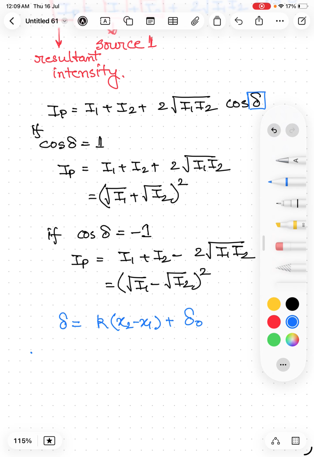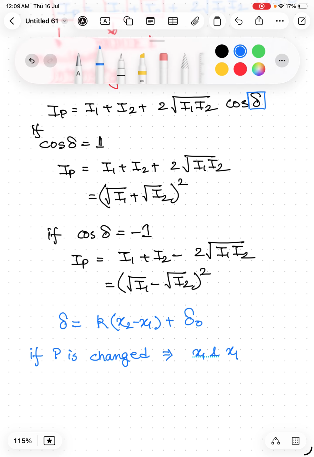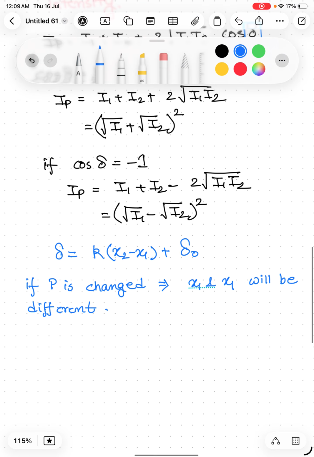So if I change P, that means if I go to a different point, the x2 and x1 will be different, so delta will be different.